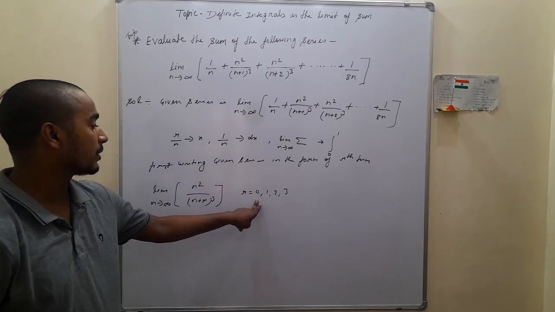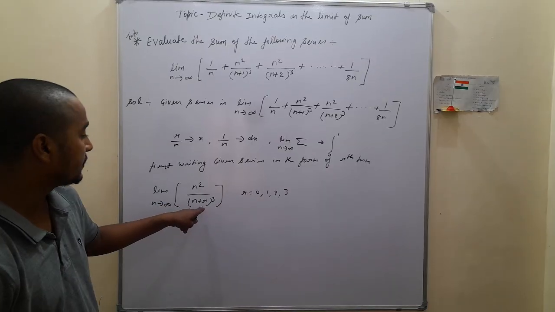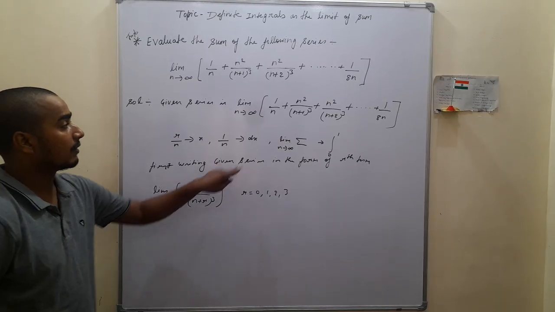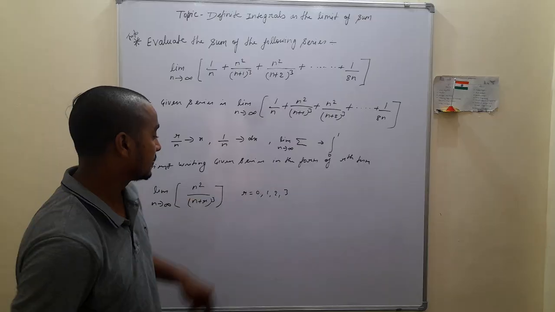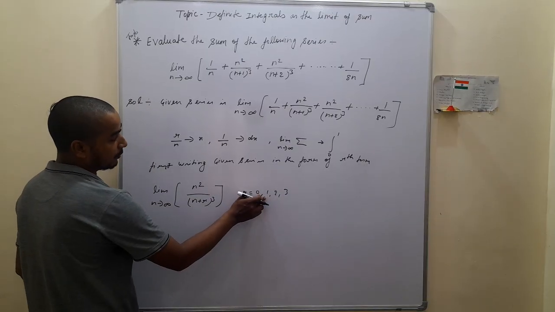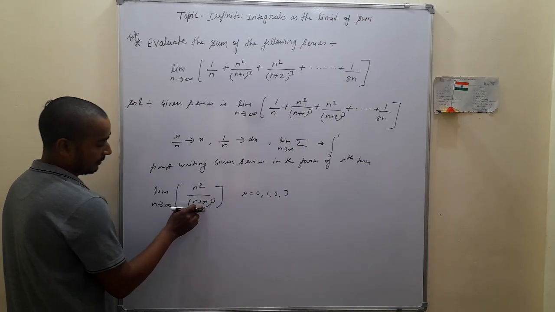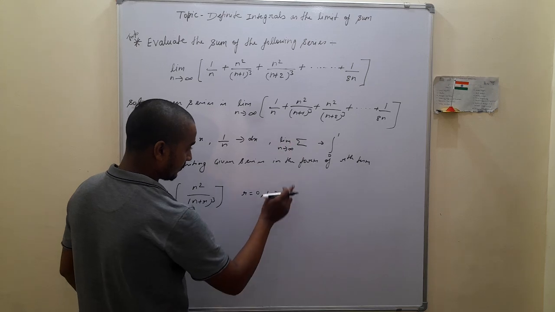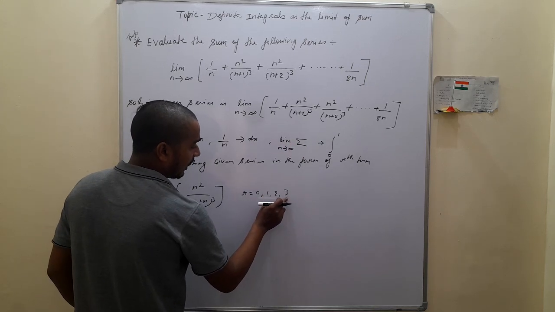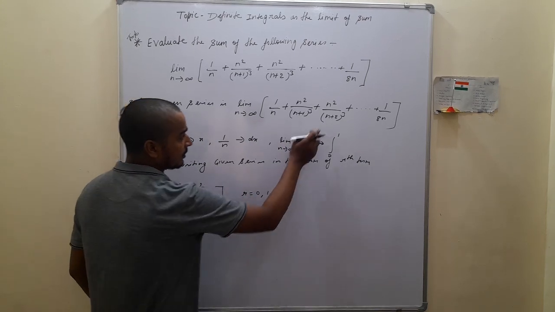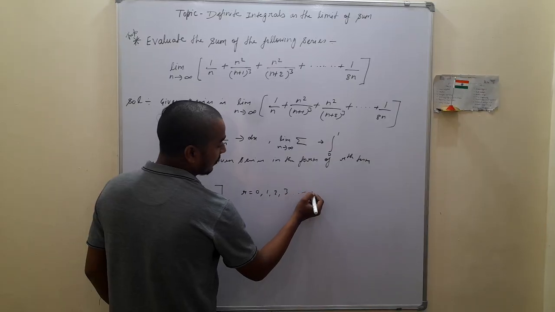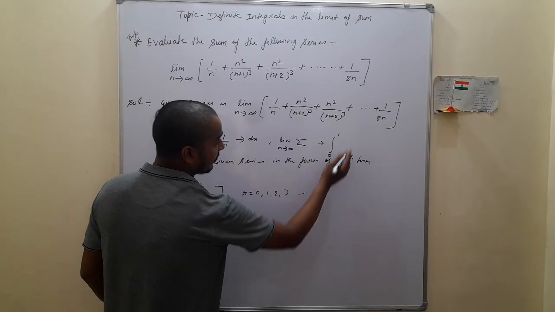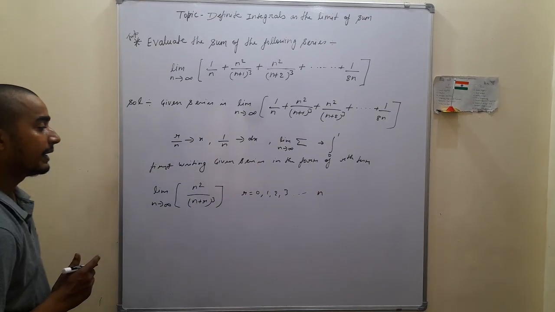When we put r is equal to 0, we get the first term, 1 upon n. Similarly, when we put r is equal to 1, we get the second term. And when we put r is equal to 3, we get the third term, and in the last, putting r is equal to n, we get 1 upon 8n.